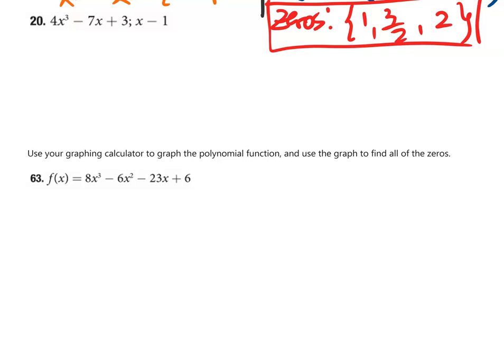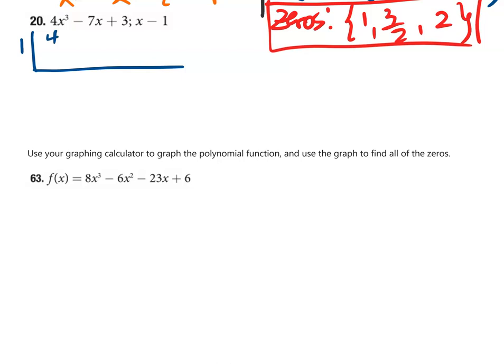Number 20, 4x cubed minus 7x plus 3, and given the factor is x minus 1. So let's use again synthetic division. x minus 1, so we use 1. 4x cubed minus 7x plus 3. 4x cubed is 4.